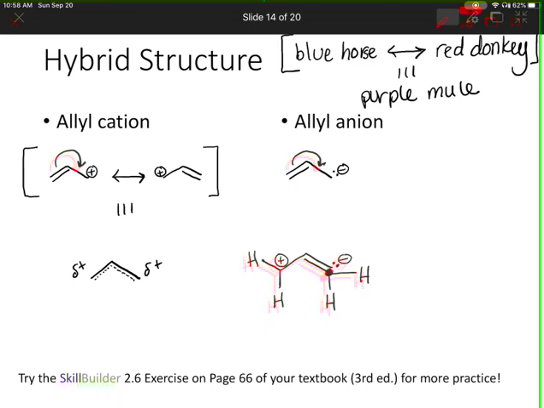So having both a positive and a negative carbon in the same molecule is not great. It's not very stable. Okay, so we can't move the lone pair of electrons over, so we have to do something else in order to share that charge with another carbon and make it more stable.